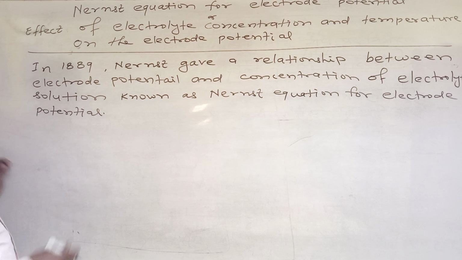It is only called the Nernst equation. This is the introduction of the Nernst equation for electrode potential.